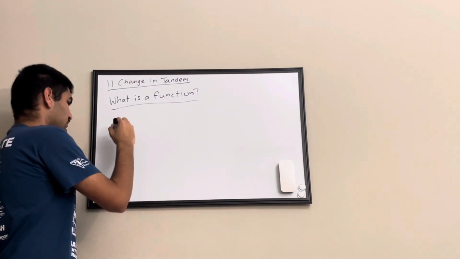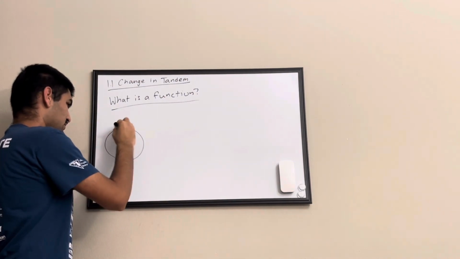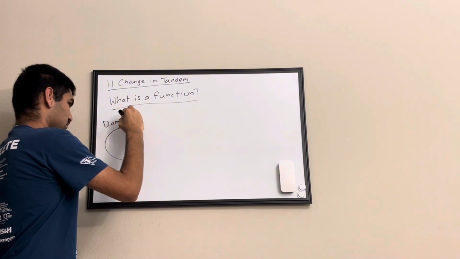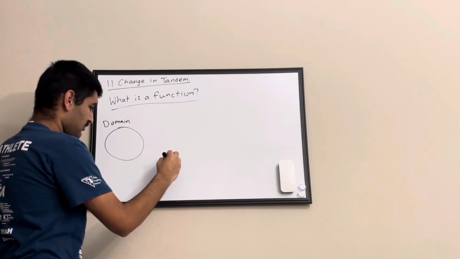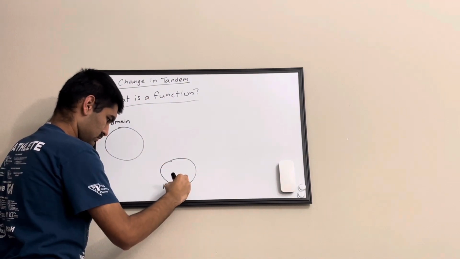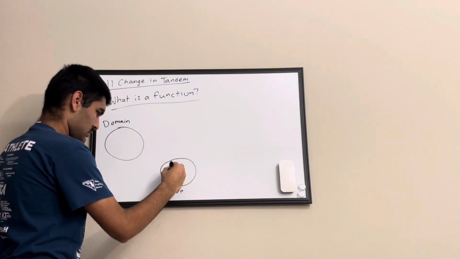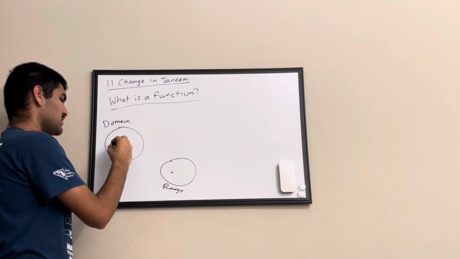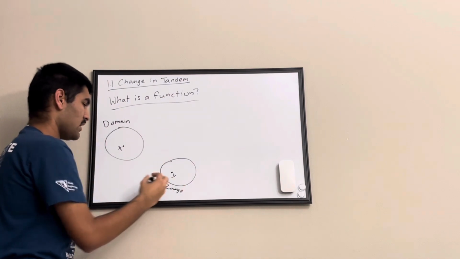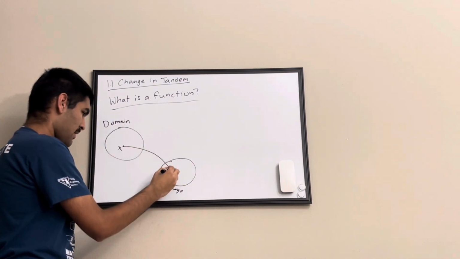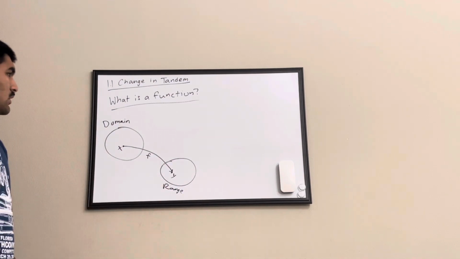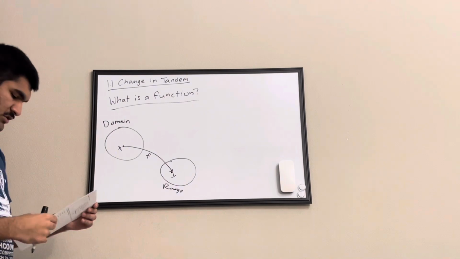For example, if we have some input space right here, this is the domain, and then we have some output space, the range, right here. If we have an element in the domain, call it x, and an element in the range, call it y, then a function will map x to y. All right, so that's what a function is.